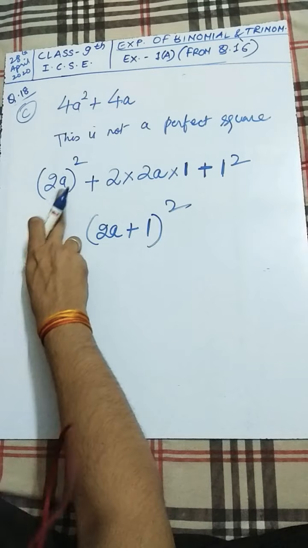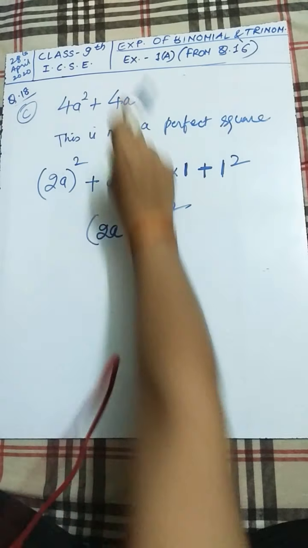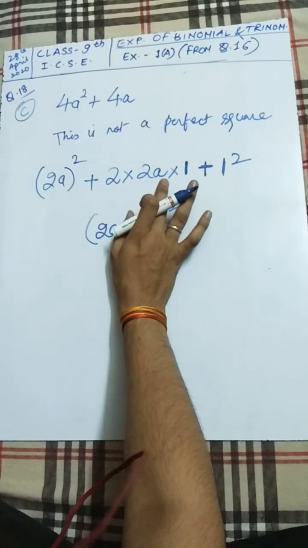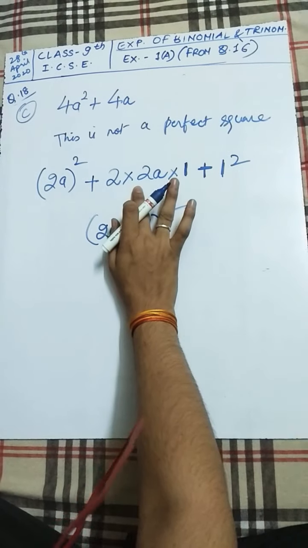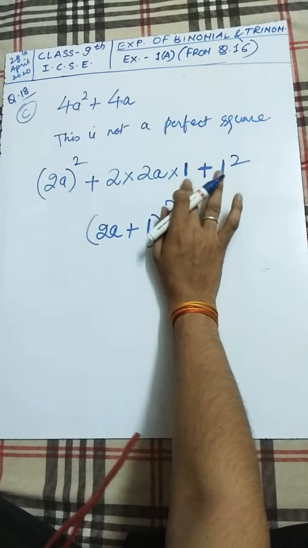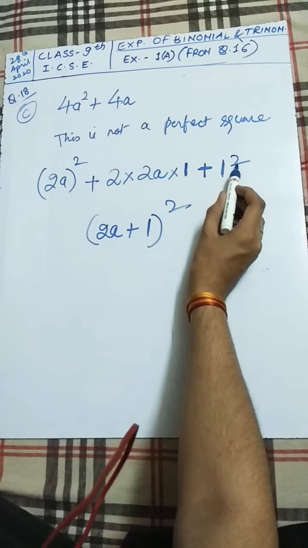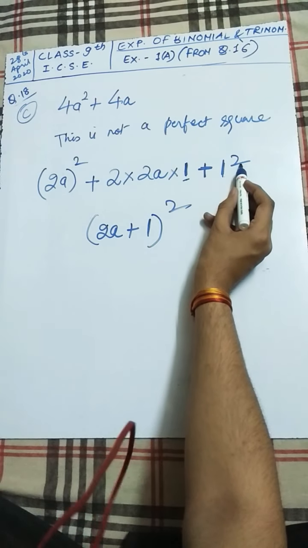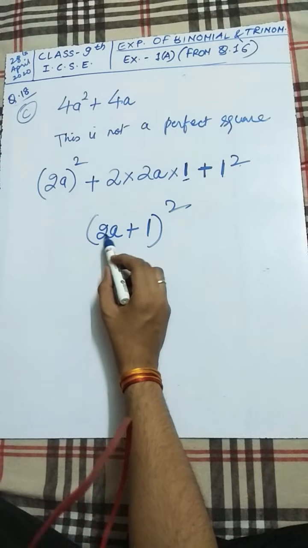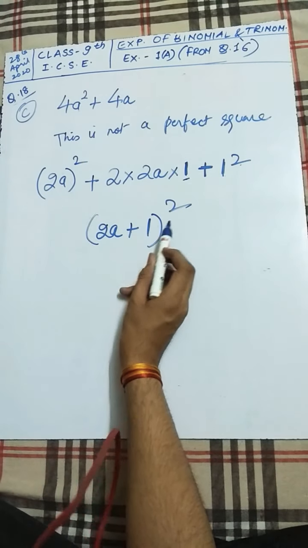Okay, so here also this question is not a perfect square. This we have written as (2a) whole square plus 4a, 2 into 2a. Okay, this is satisfied. We have to multiply by 1, and what shall be added is plus 1 square. Why 1 square? This is b square to make the identity. So the identity will be (2a + 1) the whole square.